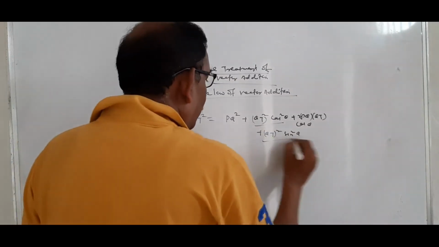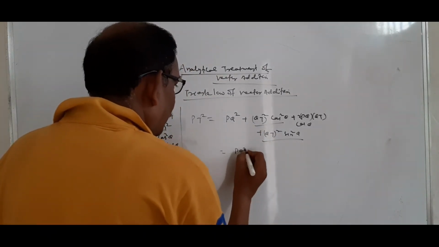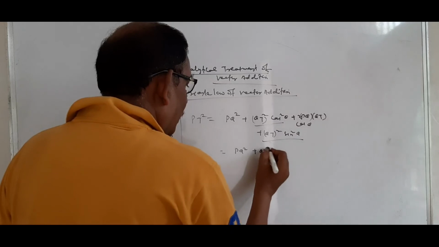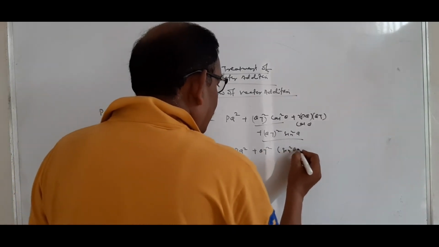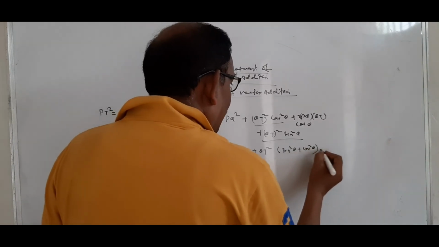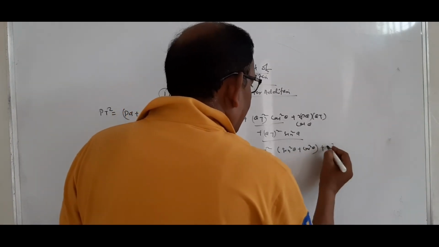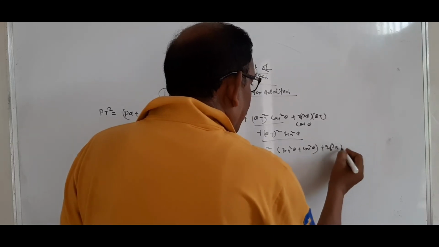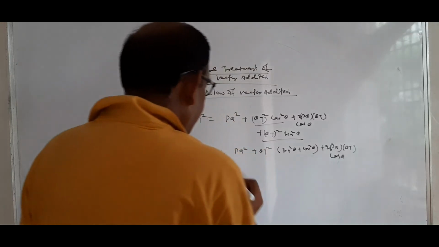Keeping these two values in bracket, by taking QT square common, it is your PQ square plus QT square into sin square theta plus cos square theta plus 2 PQ QT cos theta.